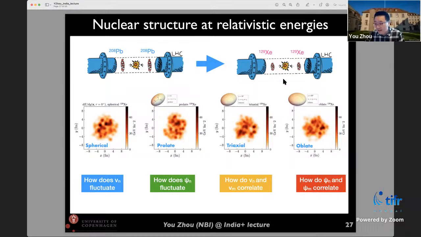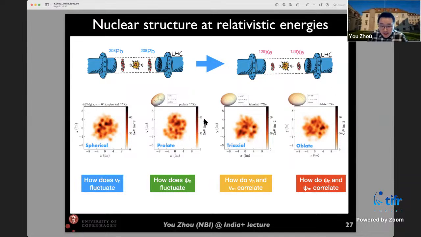And different from lead, which is a round nucleus, like a ball, xenon has a very special shape, what we call the deformed shape. So lead is more spherical, while xenon itself looks like an American football. That means you would expect a large eccentricity already in central collisions compared to lead.